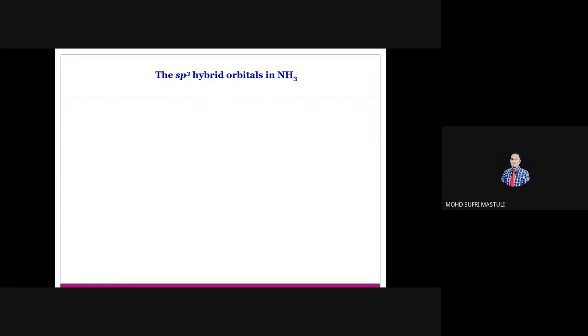We go to another example of sp3. In this case, ammonia. If you can still remember, the Lewis structure of ammonia is like this. Ammonia with three hydrogens and one lone pair.